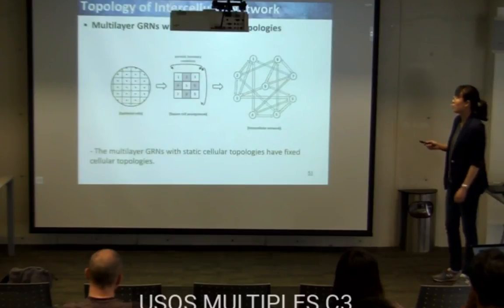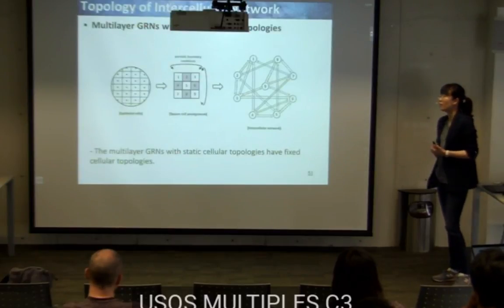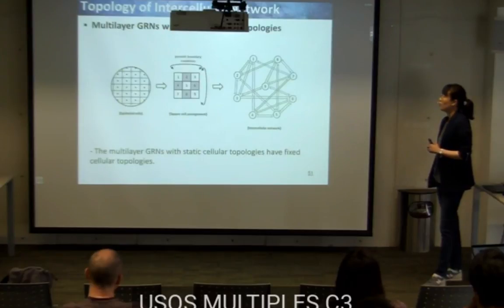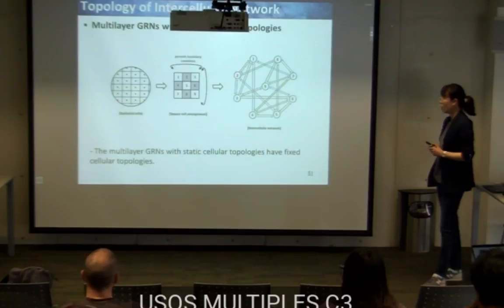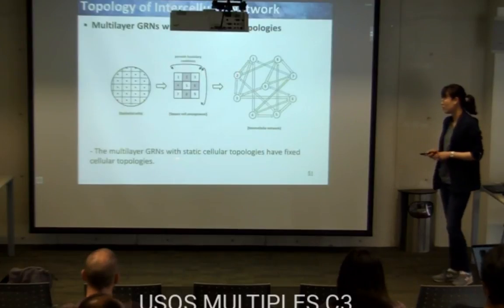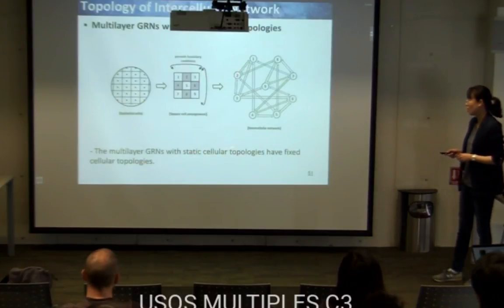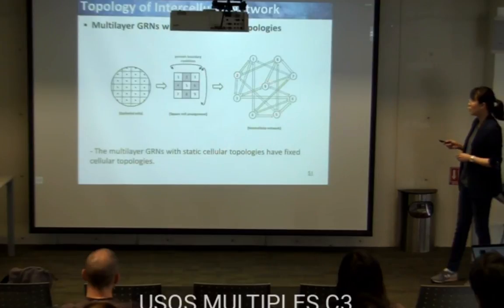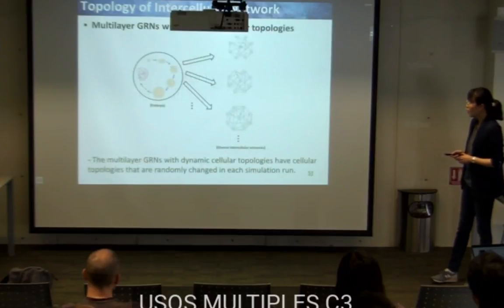Our multi-layer GRNs are divided into 2 types depending on cellular topologies. The multi-layer GRNs with static cellular topologies have fixed cellular topologies like this in all the simulation runs. The other is the multi-layer GRNs with dynamic cellular topologies.